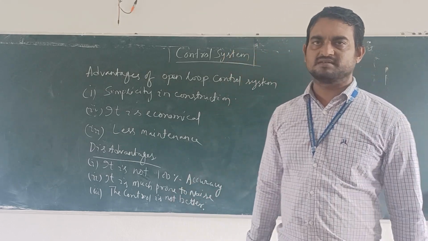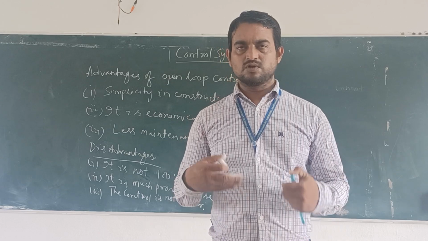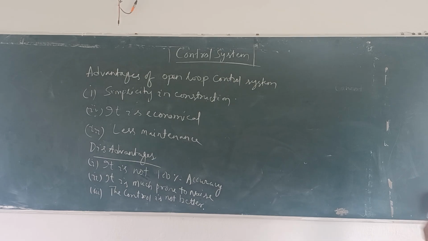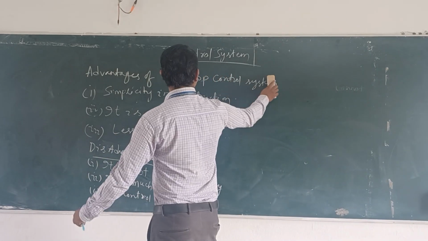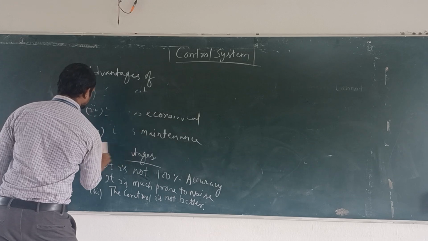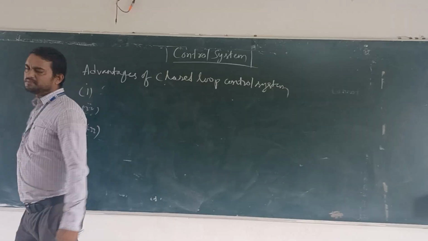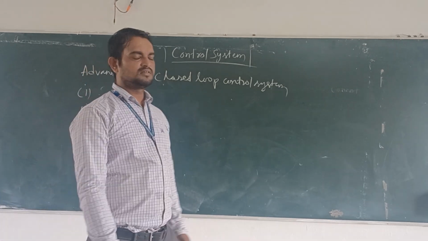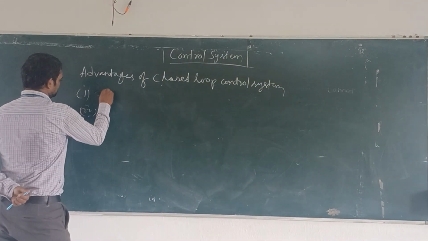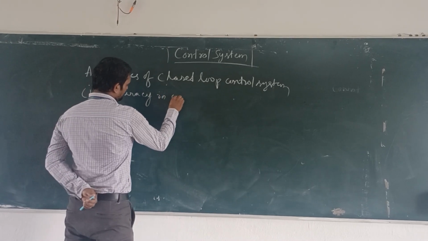Now I will say some advantages of closed loop control system. The major advantage is that closed loop has accuracy in controlling the device.